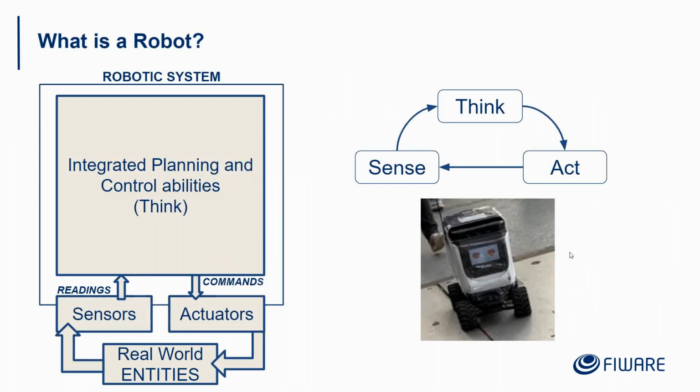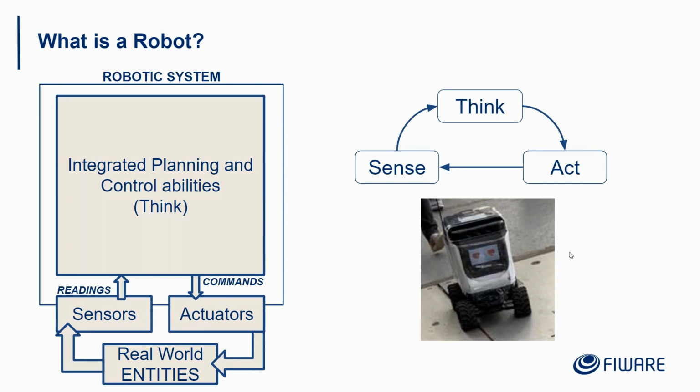Okay, so let's move on to our vision of what a robot is. We can see the robot as a whole system that integrates a set of planning and control activities. It is able to perceive the world, and in some way it is able to change it.